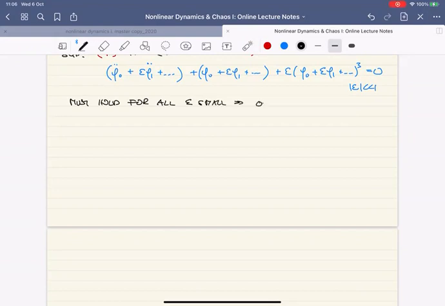So orders, or powers, I should say, of epsilon must have identically 0 coefficients.